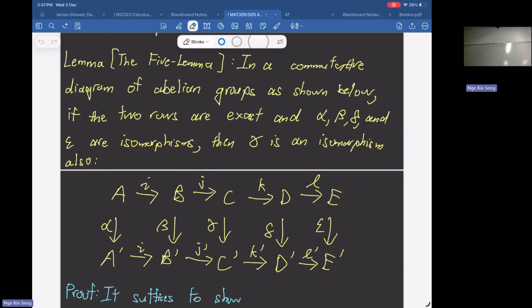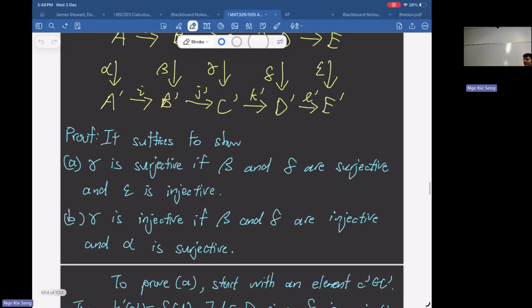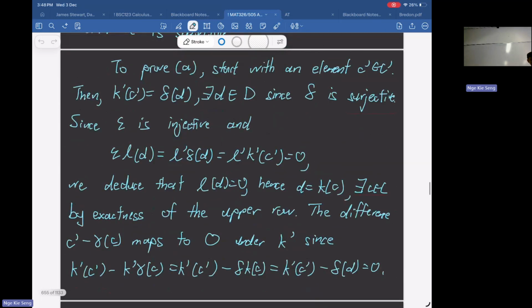If you have A, beta, delta, epsilon, and the outer maps are isomorphisms, then the middle one has to be an isomorphism. This is the content. Why? Diagram chase. You need to check it is surjective and check it is injective, which are very straightforward, but to do this you need to do the diagram chasing.